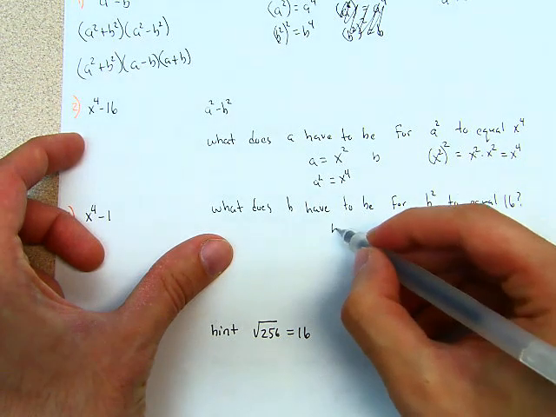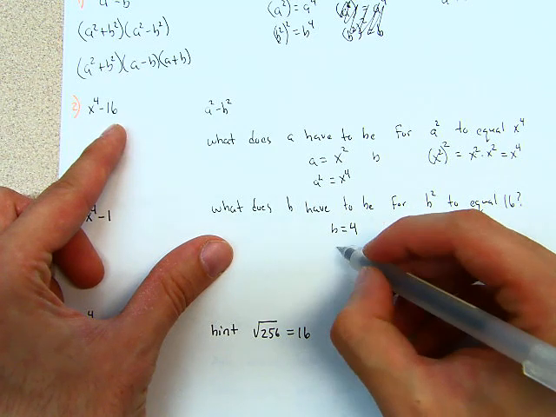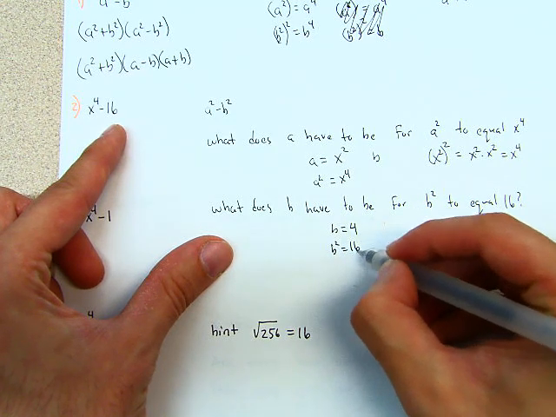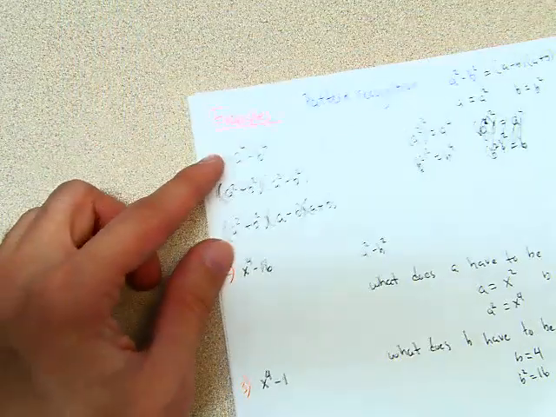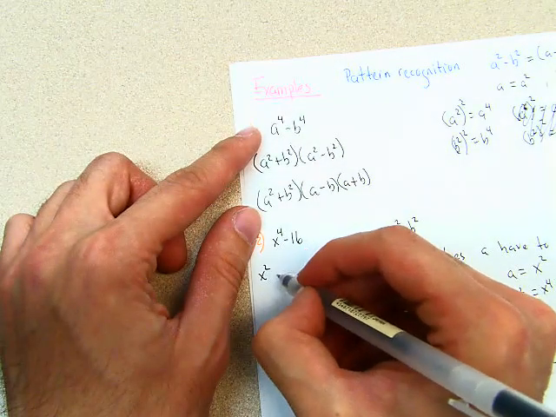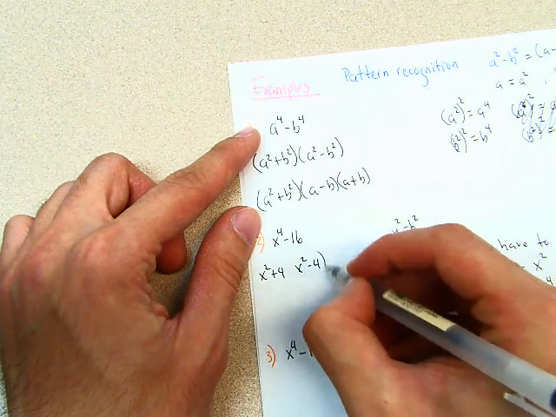Right? b will have to equal 4 because b squared will equal 16. Right? And now we have that format. We can say that this is equal to x squared plus 4, x squared minus 4.